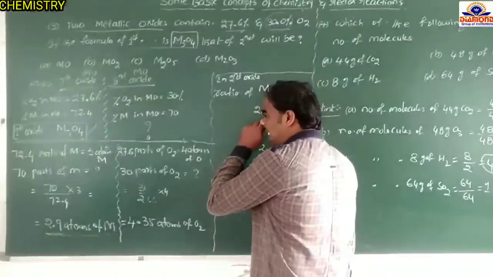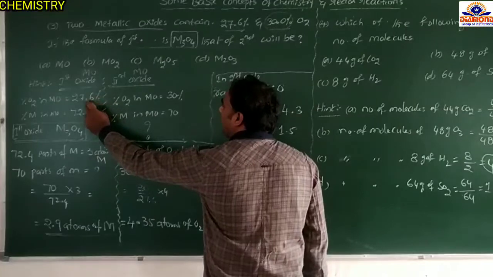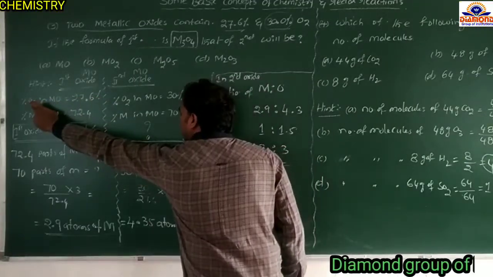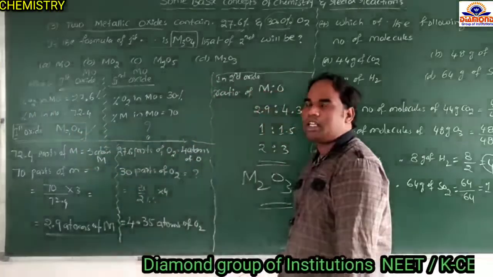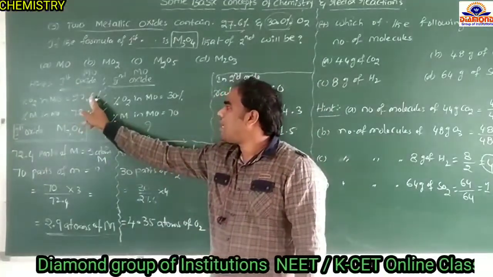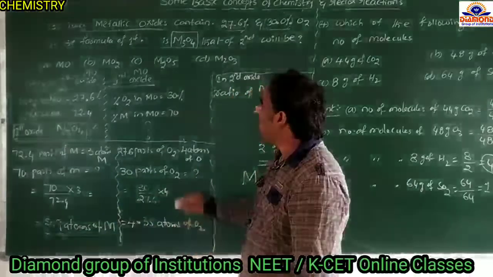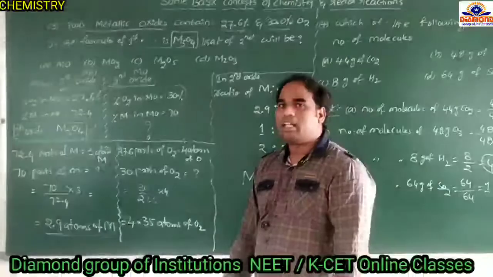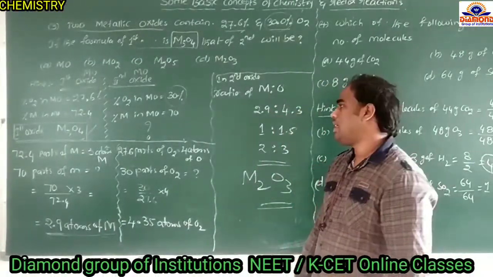Next, 27.6 parts of oxygen contain 4 oxygen atoms, because in first oxide M3O4 is the formula. Then 30 parts of oxygen contain how many oxygen atoms? That is the concept.